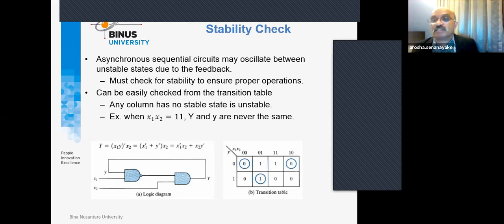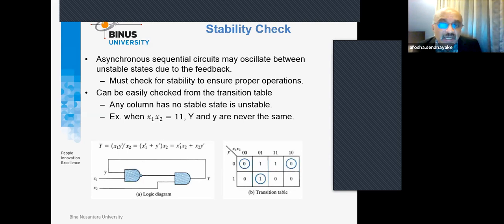So the expectation is that if you properly derive the transition table, you can easily monitor what are the unstable states. In this case, the unstable states will be when x1, x2 is equal to 1, 1. Okay, so stability check is very important when it comes to asynchronous sequential circuits, as I told you.